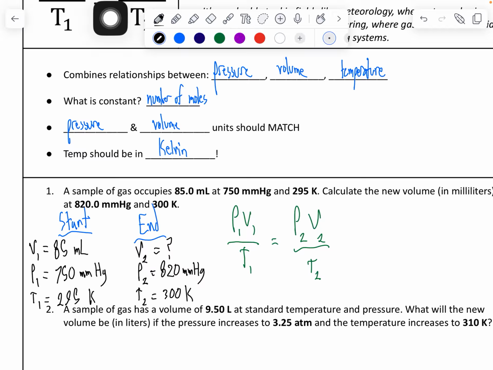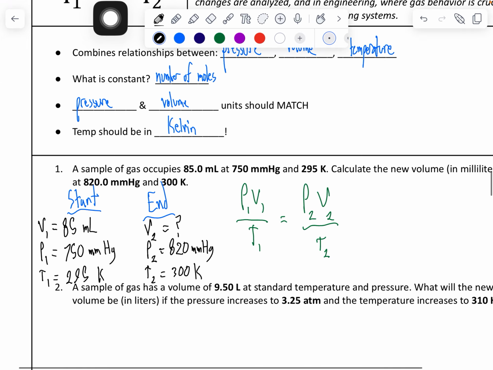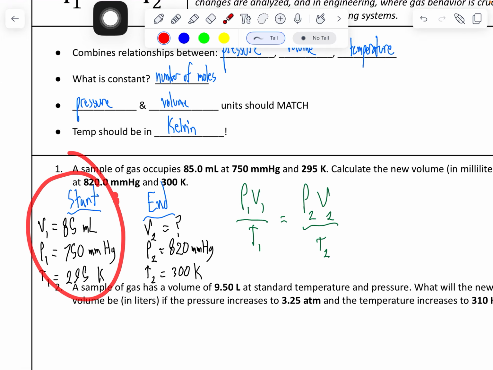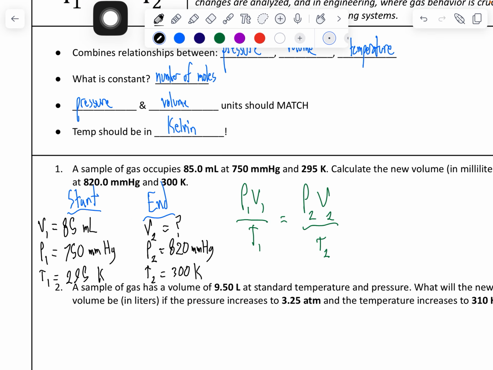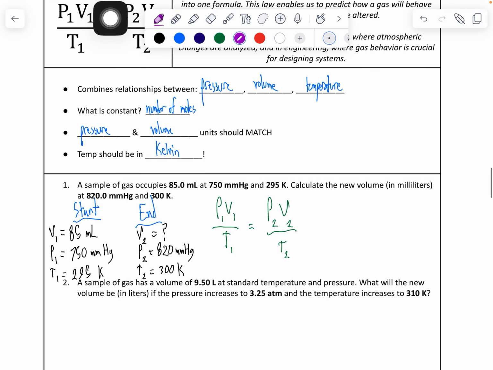When all your units line up, you can just plug into our equation. So what we're going to do, everything we have in our start section gets plugged into the left-hand side of the equation. Everything in our end gets plugged into the right-hand side. Let's go ahead and do this. Maybe we'll do this in purple. Our pressure. We're starting at 750 millimeters of mercury.